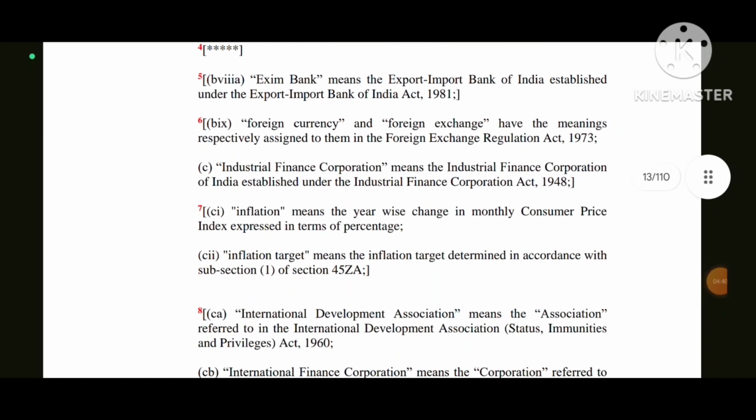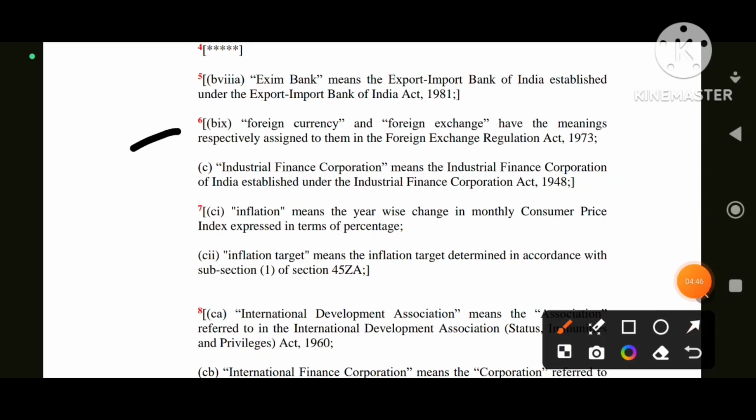Next clause is B9, foreign currency. Foreign currency and foreign exchange have the meanings respectively assigned to them in Foreign Exchange Regulation Act 1973. Then clause C, Industrial Finance Corporation means the Industrial Finance Corporation of India established under the Industrial Finance Corporation Act 1948.